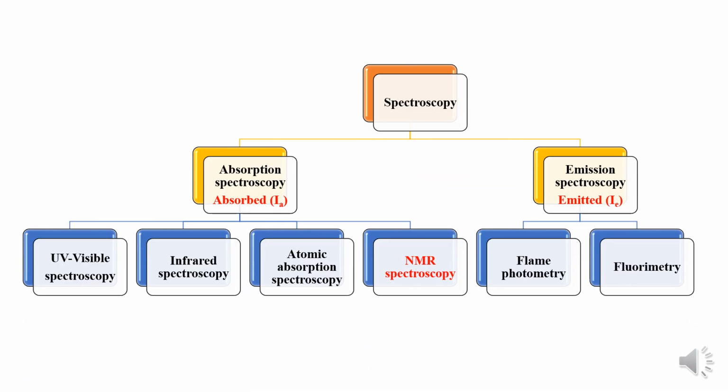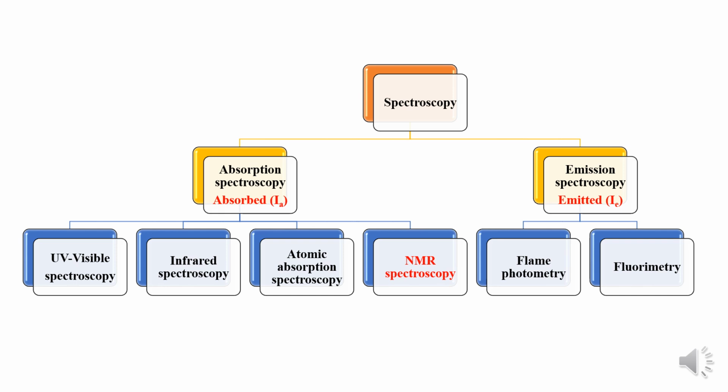Now spectroscopy is of two types. One is the absorption spectroscopy and the other is the emission spectroscopy. In case of absorption spectroscopy, we try and measure the amount of radiation absorbed by the drug molecule. That is, we are trying to measure the component IA, that is the intensity of radiation that is absorbed by the drug molecule.